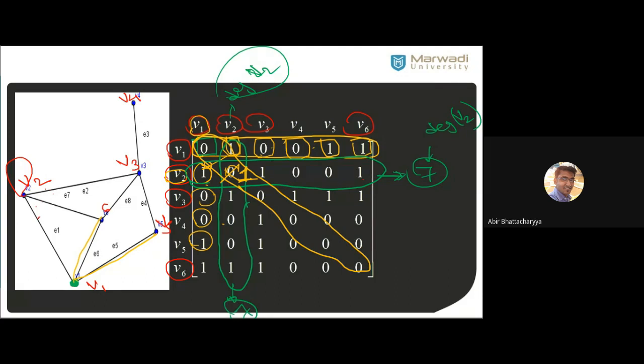The same concept as a self loop in calculating the degree. So what is the degree of V2? It would be 1 plus 1 plus 1, 3, plus 2 into 1. So 1 plus 1 plus 1 plus 2 times 1. So it is going to be 5.